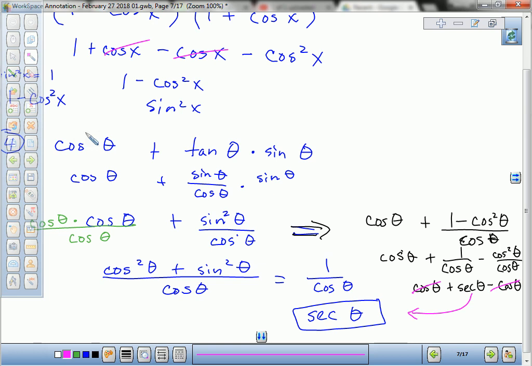The getting there, there's lots of different ways to get there. So me posting an answer key is silly. You're not going to think the way I think. I think this way. You may think this way. Both right. Okay? All right.